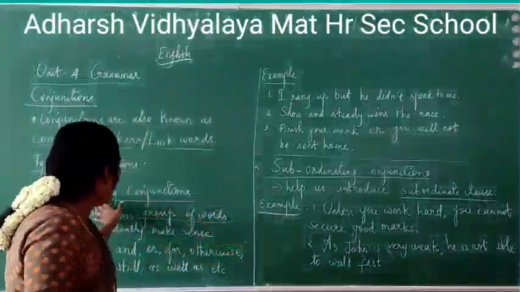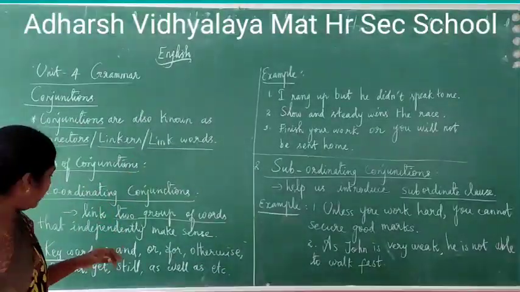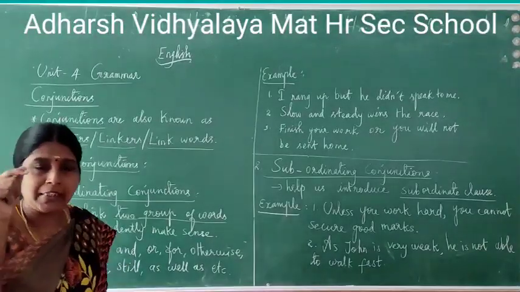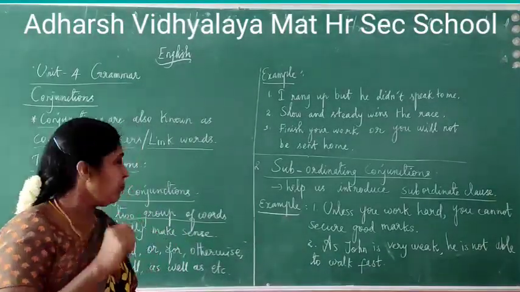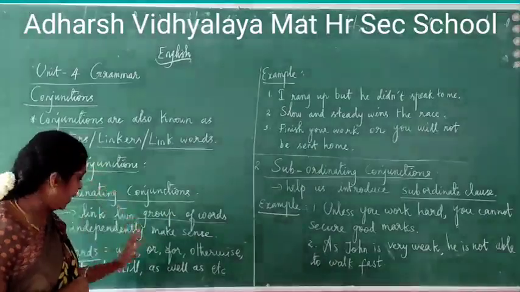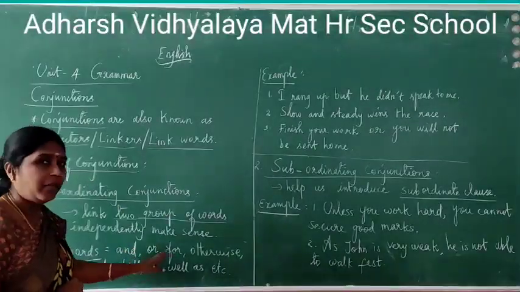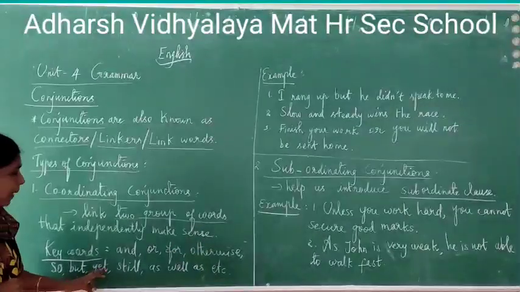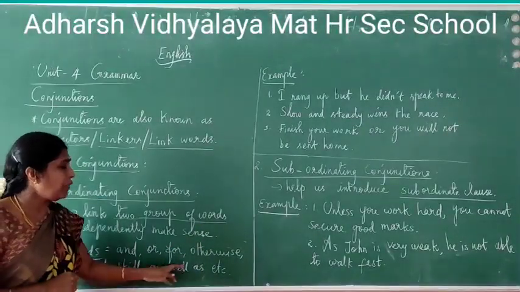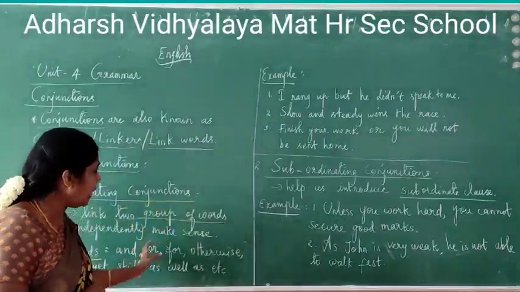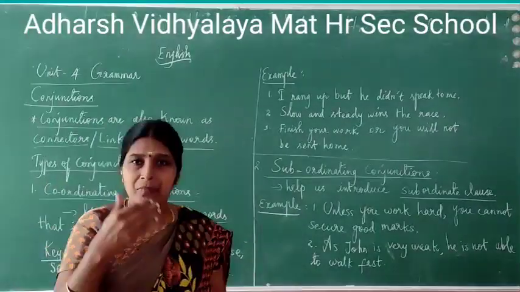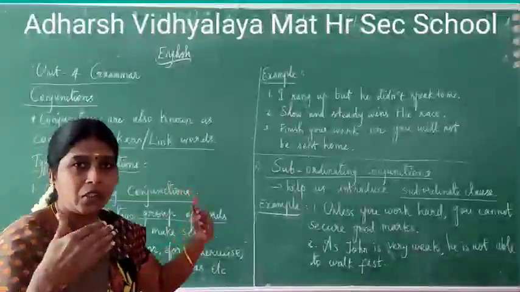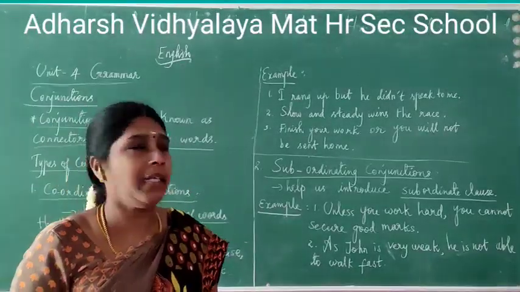So that is coordinating conjunction. What are the keywords by which we can easily identify a coordinating conjunction? And, or, for, otherwise, so, but, yet, still, as well as, etc. On seeing these words we can identify that the given sentences are joined by a coordinating conjunction.